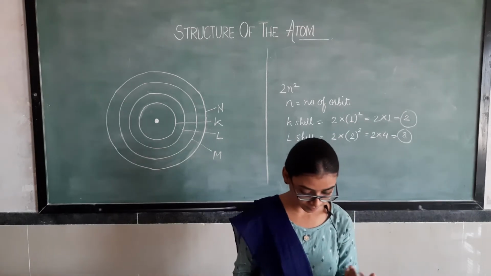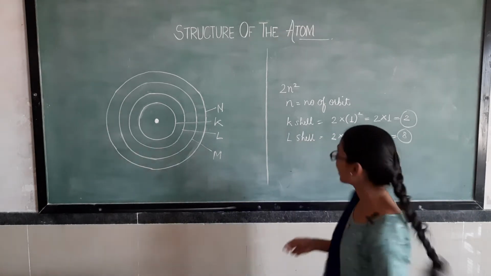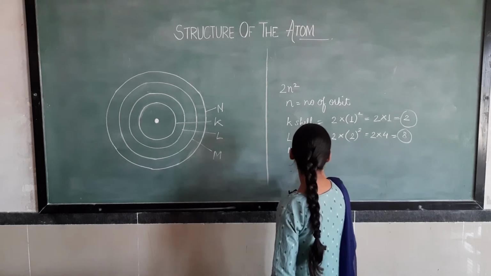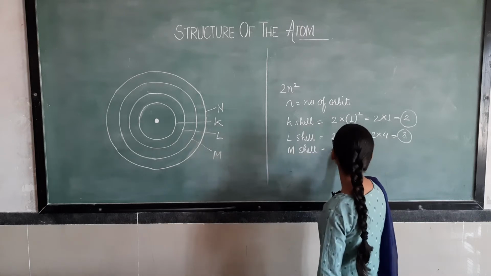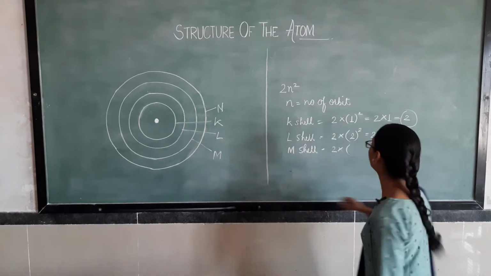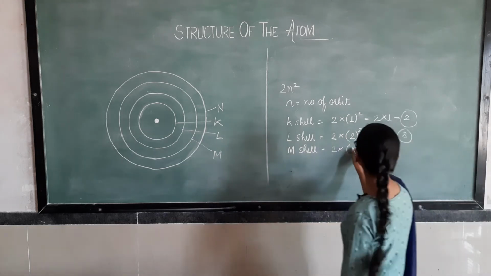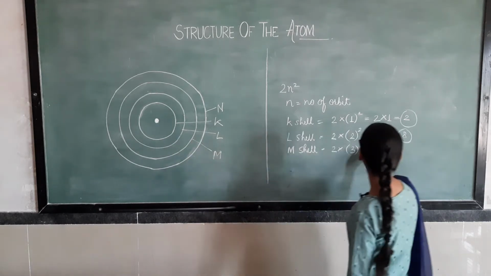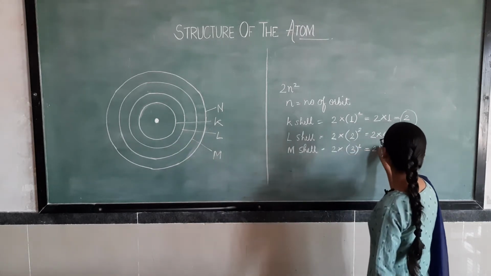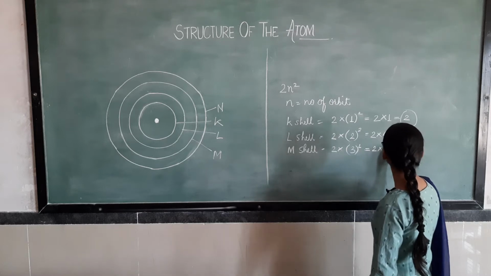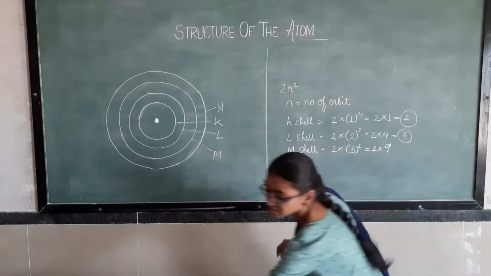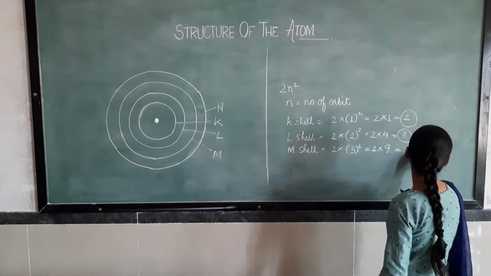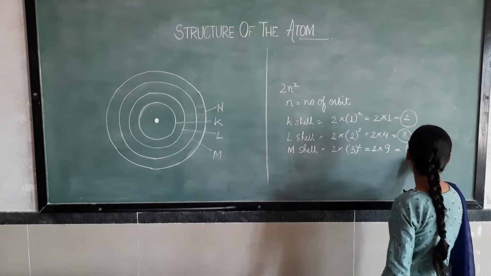When we talk about the M shell, the number of the orbit n equals 3. So 2 into 3 square, 3 square is 9, so it will be 18.